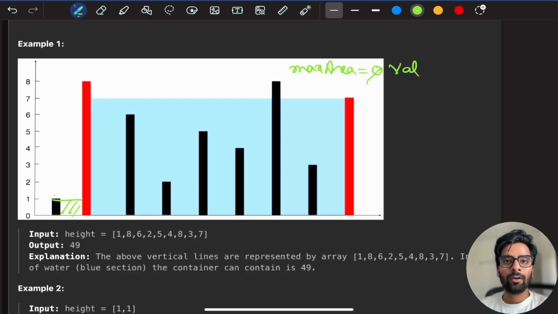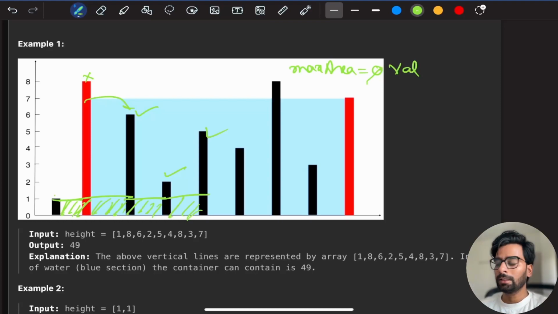Now since I got one pair's answer, I will discard this and move to the next. So now I'll make the pair with the third vertical line, and my area looks like this. Next time I'm going to take the next vertical line, and my area is going to look like this. Next time I'm going to take this vertical line, and the area will look like this.